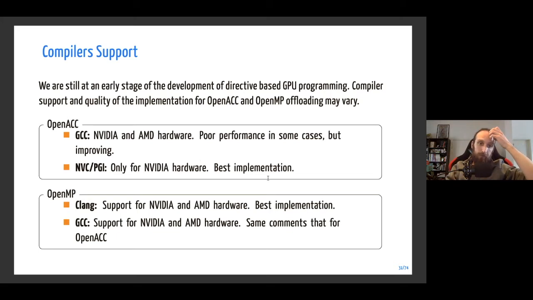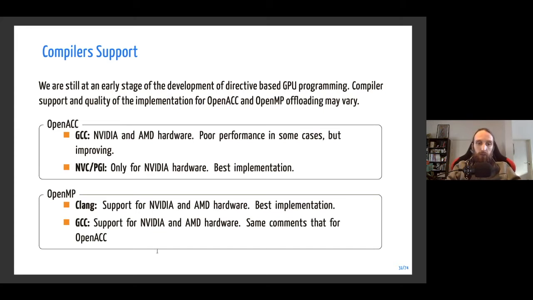So it's only available for NVIDIA hardware. And this is probably the best implementation of OpenACC, because, of course, this is NVIDIA. They know the hardware very well, and they're working only on optimizing the code for this hardware. So the NVC, PGCC compiler, if you are using C, is probably the best option.